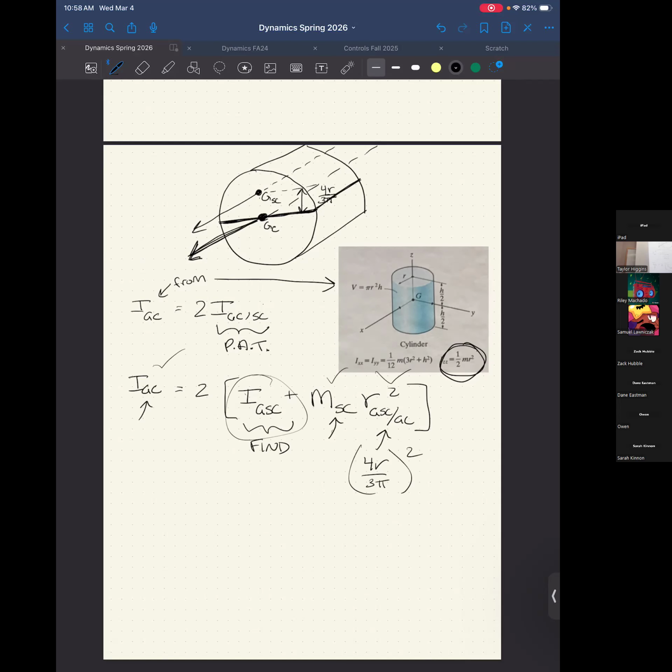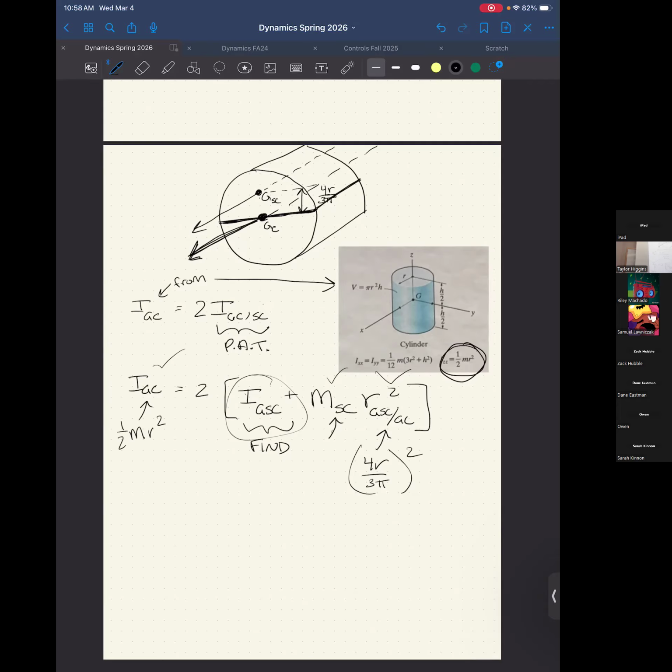Is there an equation that we can memorize? So what would the formula for the semi-cylinder, IG semi-cylinder, be? Is it still the 1/2 mr squared? No, wait, that goes right here. Okay, I don't have it memorized. So I understand now. Thank you.